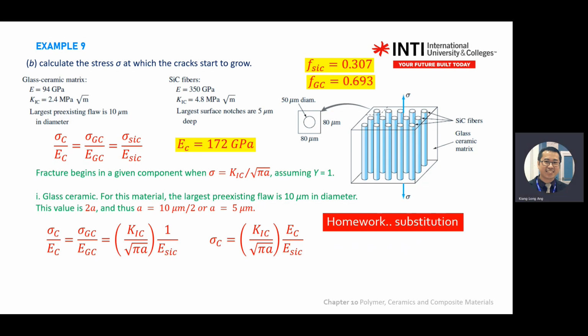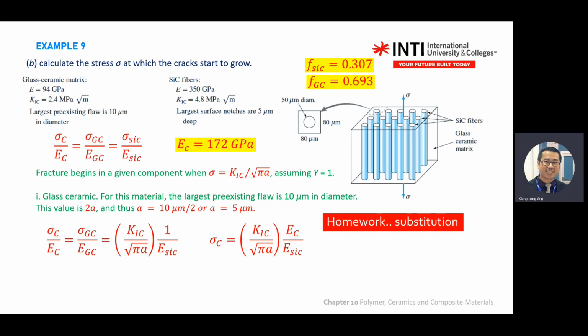Okay. You do the same for SIC, but SIC now, this is a surface notch. Surface notch is 5, so your A is 5. This is the surface defect A. So the flaw in diameter is this one.